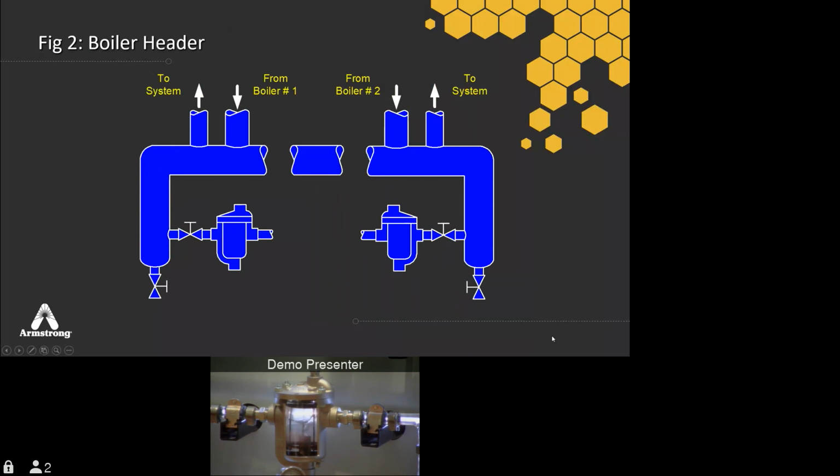And so you'll want to have a trap on each side of that header. And just a quick rule there for the safety factor sizing, it's 1.5 times the boiler load times the carryover, which, as a rule, is usually about 10%. And that's how you size those boiler header traps.